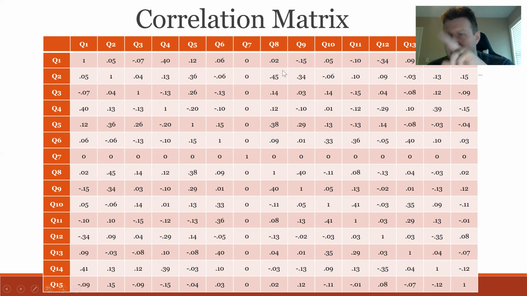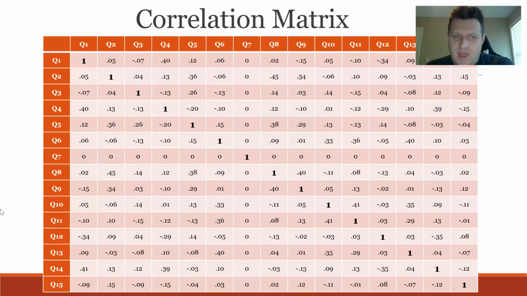But every correlation is in here twice. I could go 2 to 8, or I could also go 2, go down to 8, and I see that it's 0.45. In both situations, it is exactly the same, as it should be. So this follows an important principle for correlation matrices: the matrix is symmetrical about its major diagonal.